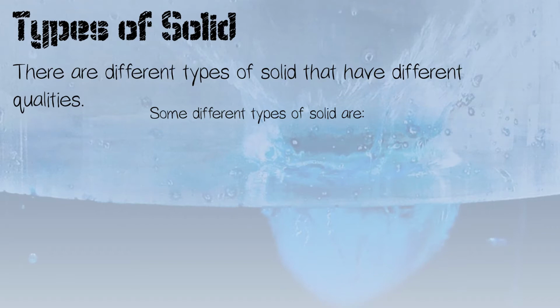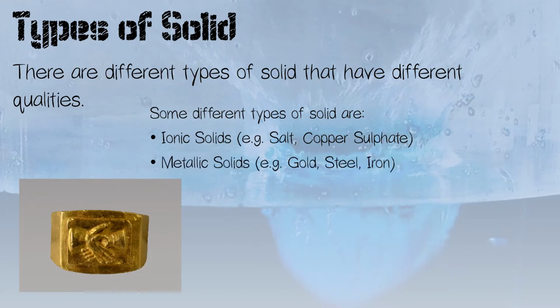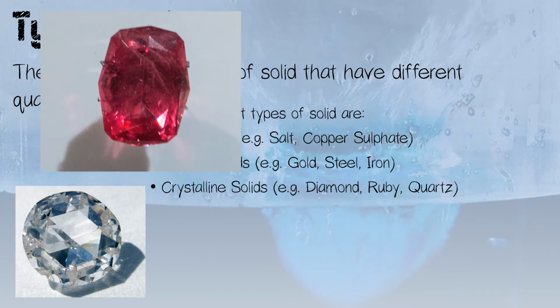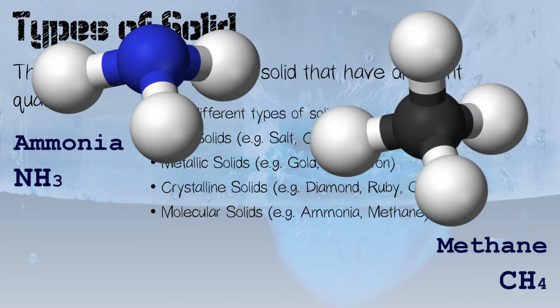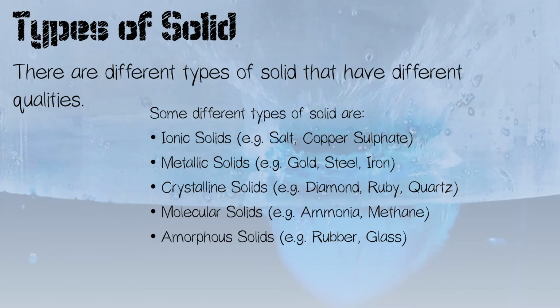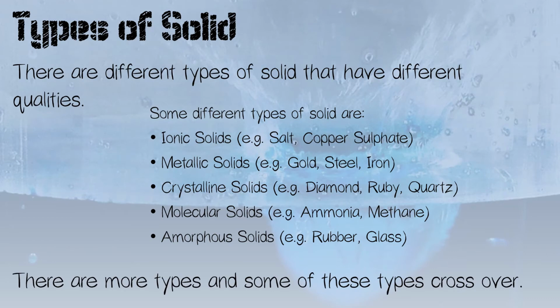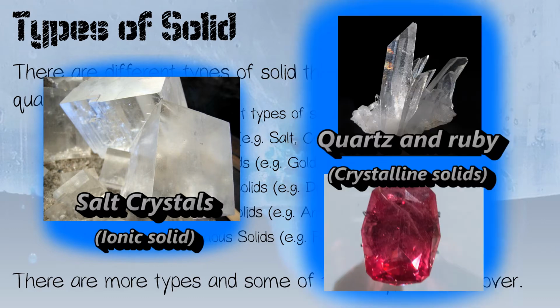Some of these different types of solids are ionic solids like salt or copper sulfate, metallic solids like gold or steel or iron, crystalline solids like diamond, ruby, or quartz, molecular solids like ammonia or methane, or amorphous solids like rubber or glass. There will be other types of solid, and some of the types we mentioned here will cross over with each other. For example, salt is made of crystals, but it is still an ionic solid.